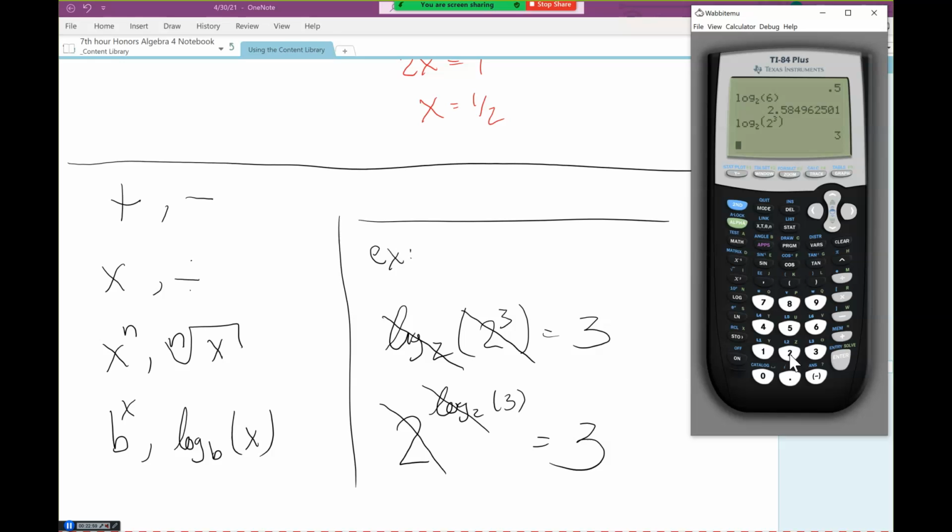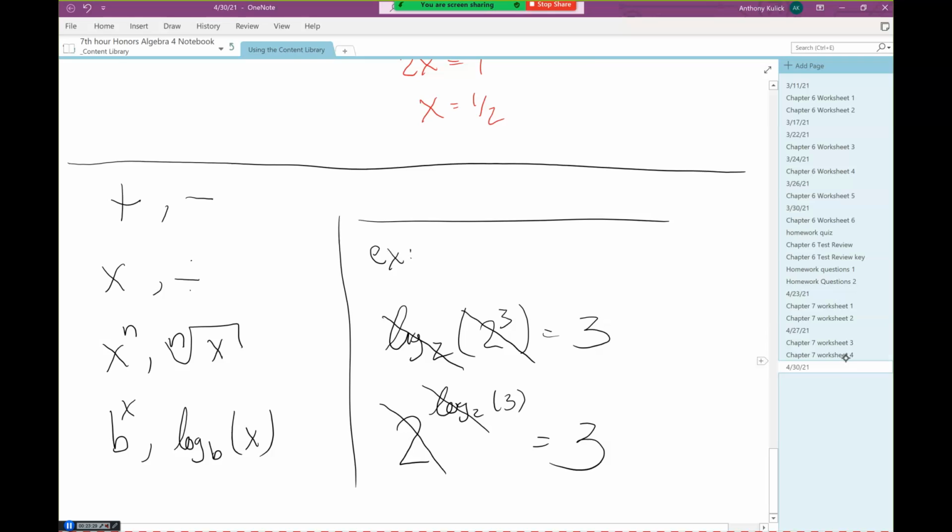And then if I do 2 to the power log base 2 of 3, I also get 3. It didn't lie, you guys. Everybody okay with this notion so far?